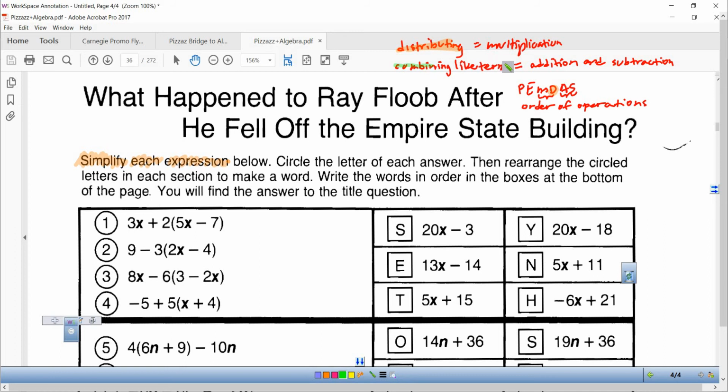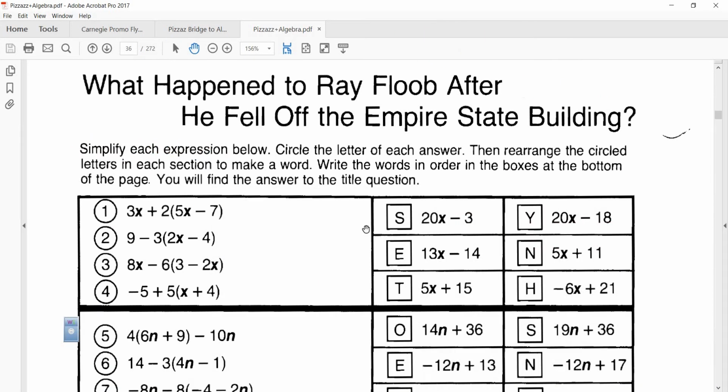All right, so that is right here. So do you see how the orange comes before the green? The orange comes before the green, so we're going to distribute before we combine like terms. All right, so we're going to distribute before we combine like terms.